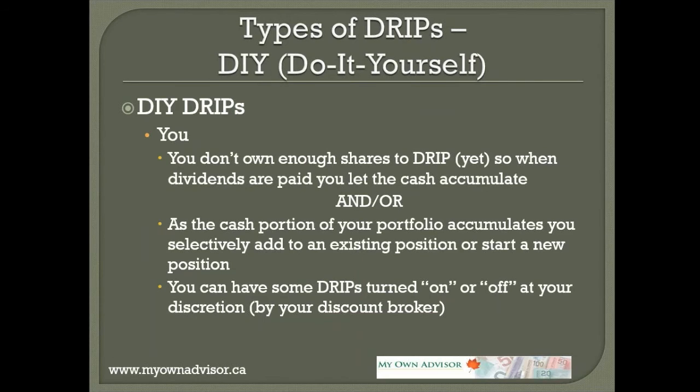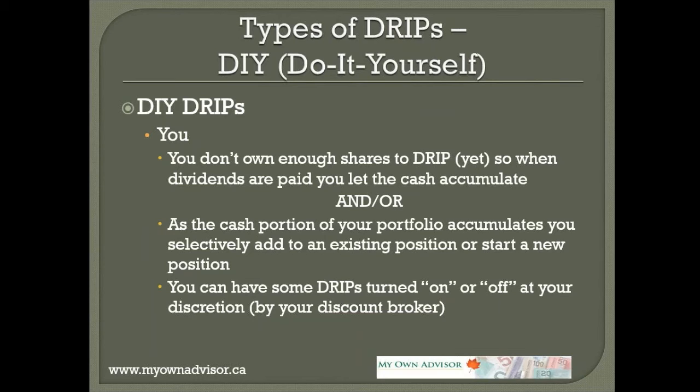Okay, so the third type, so to recap, we've talked about the full DRIPs of transfer agents or investment dealers like ShareOwner. We've talked about the synthetic DRIPs with the TDs, the Bank of Montreals, the Questrades, and the like.